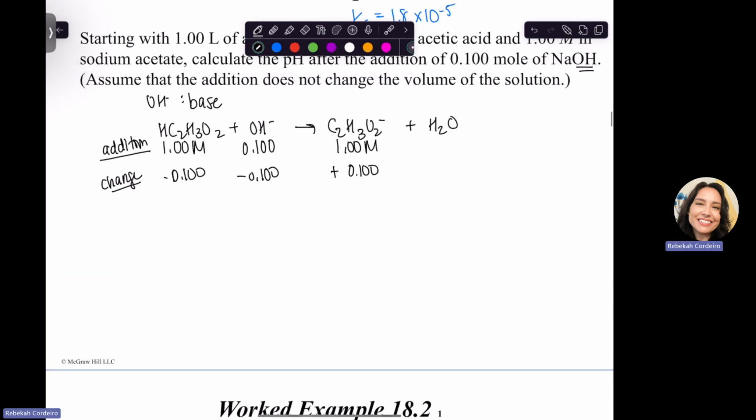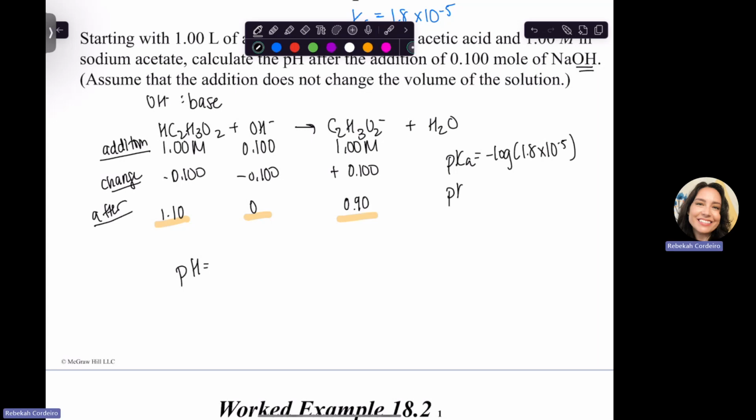So what do I get now? We have an addition, then a change, and an after: 1.10 and 0.90. These are the numbers we're going to plug into our Henderson-Hasselbalch. So pH. Let's find our pKa real quick. pKa equals negative log of 1.8 times 10 to the negative 5.